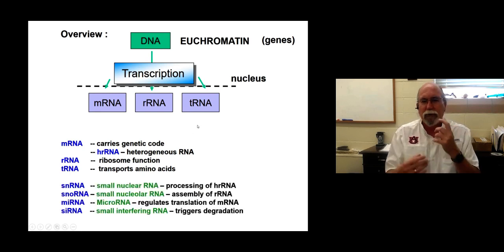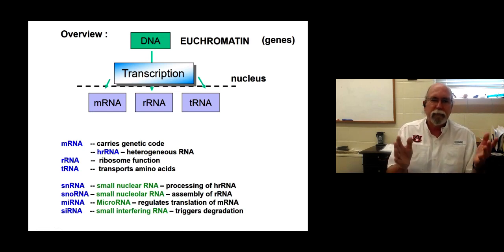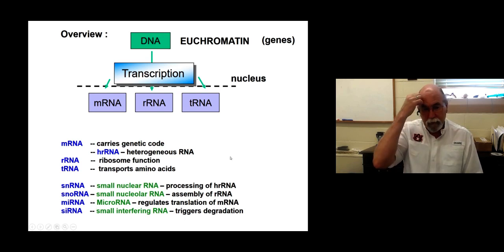Then we have all sorts of other RNAs that get read off and transcribed. You could think about the units they come from as being, at least at the molecular level, genes, and they're important. They're microRNAs. There's all sorts of things. There are small interfering RNAs, which is a really interesting one we'll talk about later.